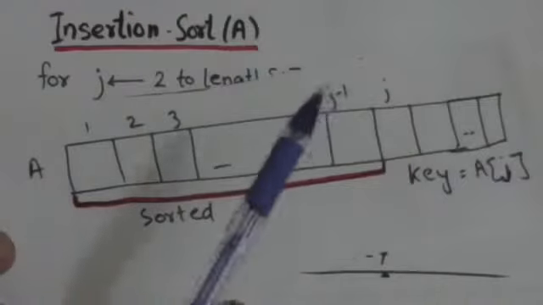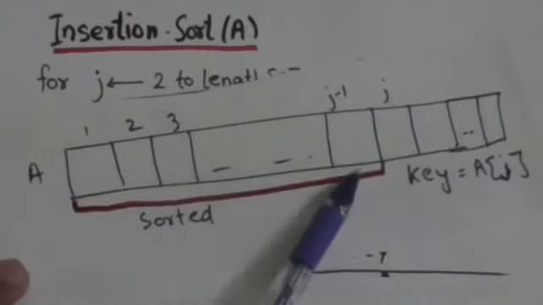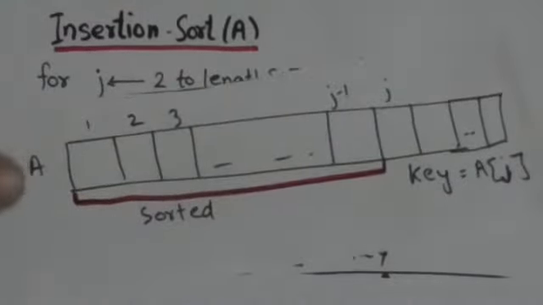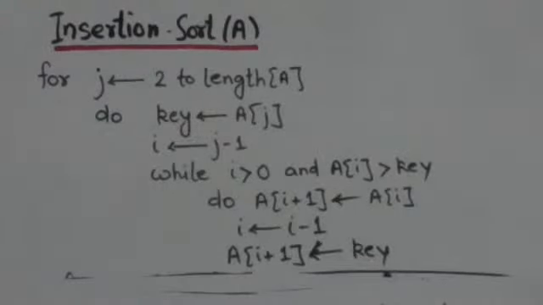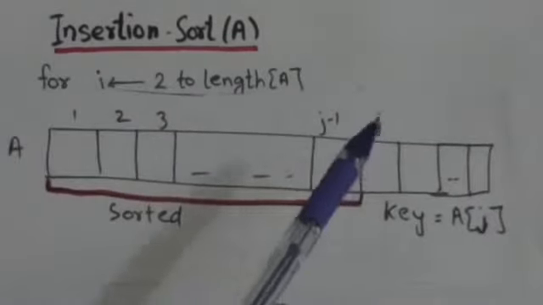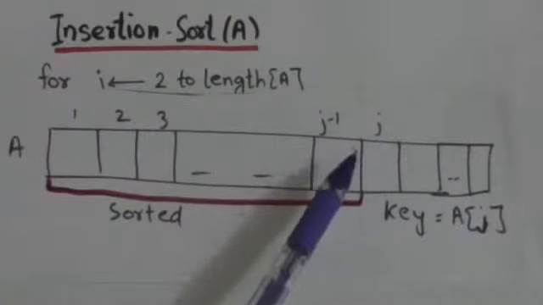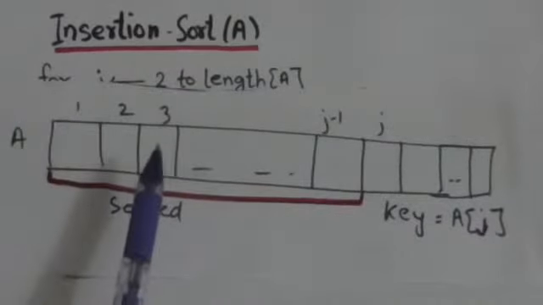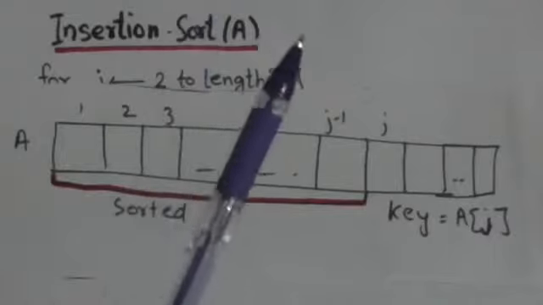Their indexes in array A are less than j. Now see how the element at index j will be inserted at the proper place in these sorted elements.